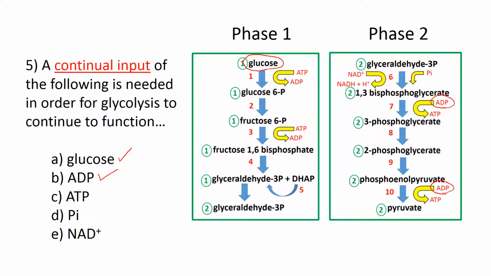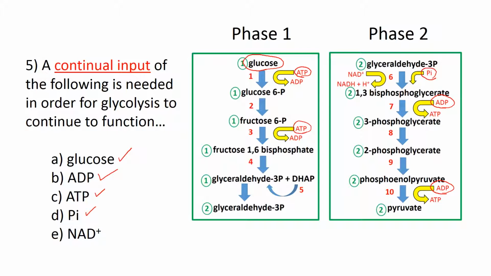Otherwise, if we don't have ADP, these reactions can't continue. Glycolysis also requires ATP, and you'll notice at reaction 1, ATP is required, and at reaction 3, ATP is required. Inorganic phosphate is required here at step 6. If there's no inorganic phosphate, glycolysis cannot continue.